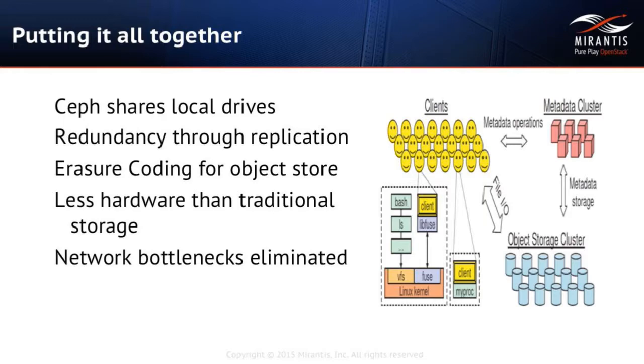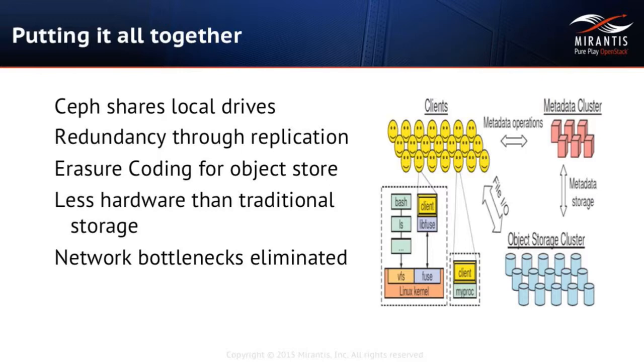Looking at the big picture of this: first, essentially, Ceph is sharing the local drives which Nova is using for its own local storage. And it's very easy for you to cross that and separate it out. You get redundancy through replication, which means that even if you lose one of the individual nodes, you still have your data. And it survives, for instance, taking a node offline to replace drives without rebalancing.